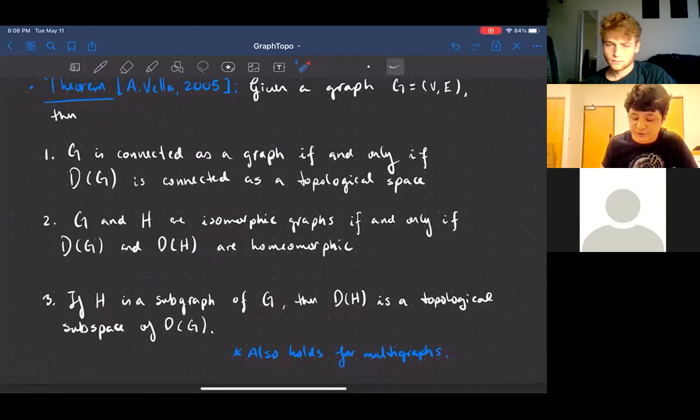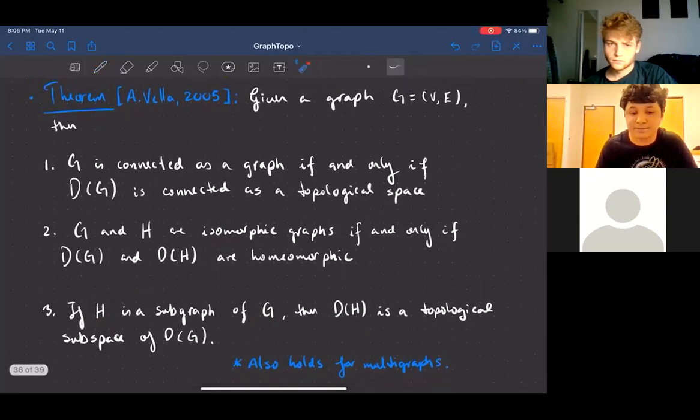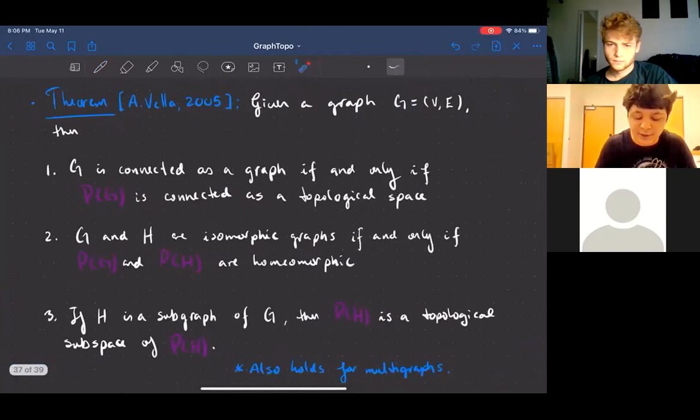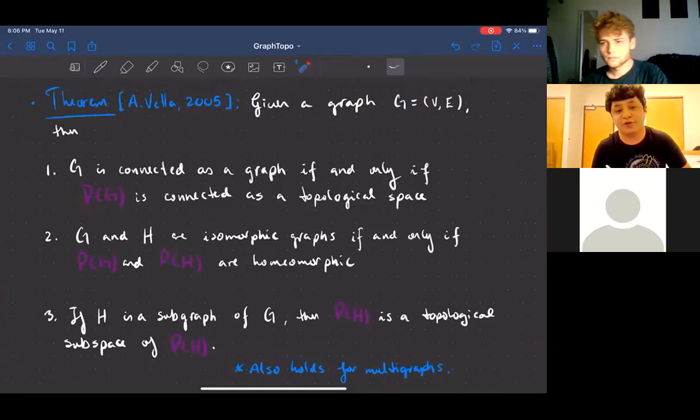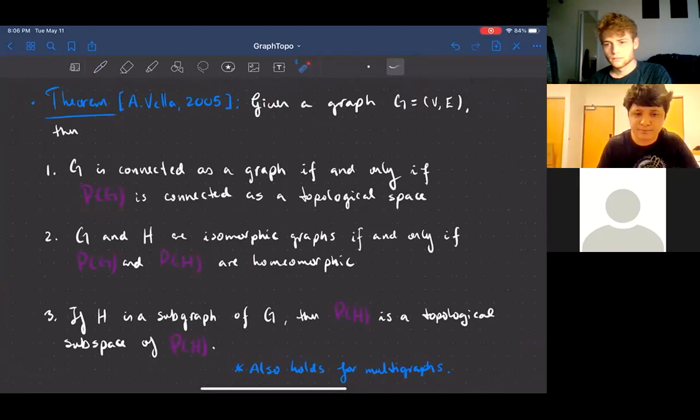This result also holds for multigraphs, but he didn't go into them, for a reason I will mention right now. This theorem also works for the octopus topology, so the result also holds here for multigraphs.